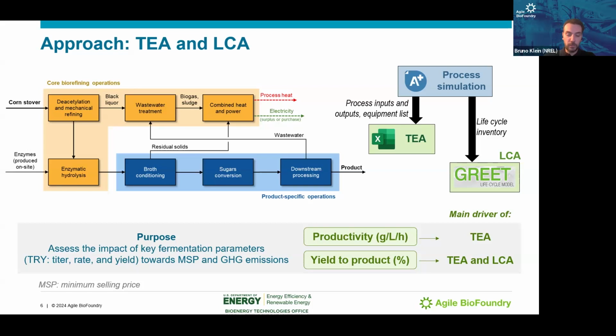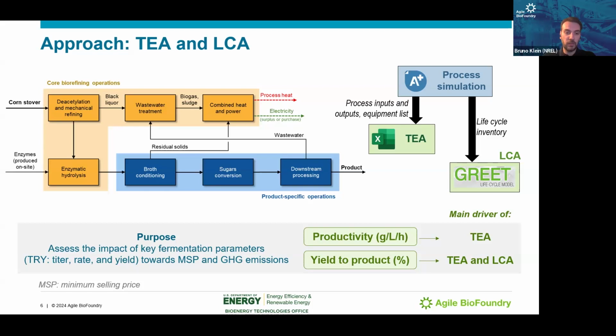And whenever we have all of this set up, we usually employ one of the benchmark software out there for process simulation, Aspen Plus from AspenTech, to get all the process inputs and outputs that we need, all the list of equipment to populate our TA work, and also all process inputs, outputs, emissions, water, waste streams as well, and to get the full lifecycle inventory and run LCA with the GREET model developed by the Argonne National Lab.